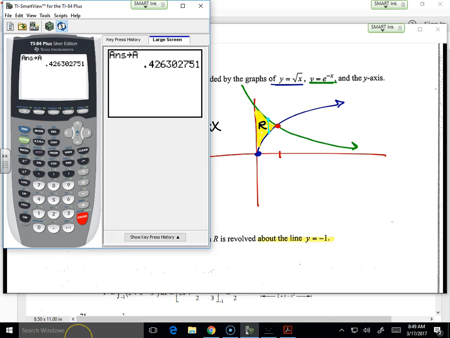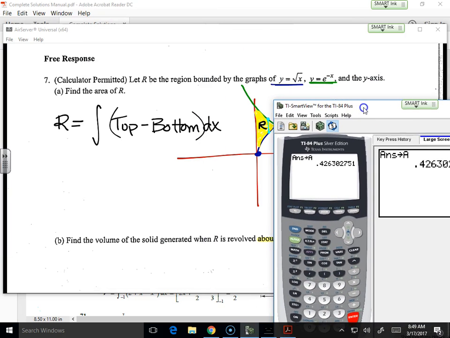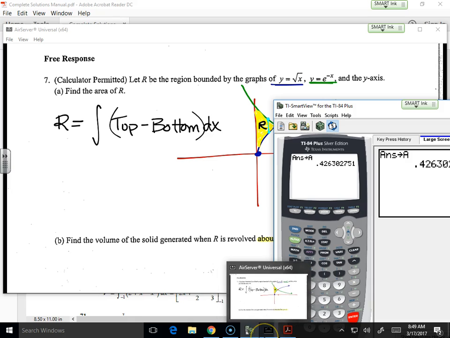Got it. See? And what are you going to do over here? You're going to say something to the effect of, I'm trying to figure out where to put this guy. And this is a great technique to use in an FRQ.